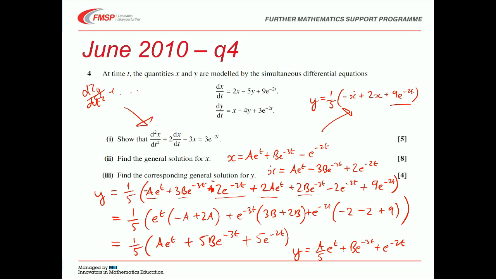If you want to use the same constants in the two solutions, which you need to in order to eliminate later on, you need to derive this y solution from the x solution, so that you carry these a and b constants with you, and they are definitely the same constants. But that is our general solution, and that's going to get us another 4 marks on the way to smashing this question completely.